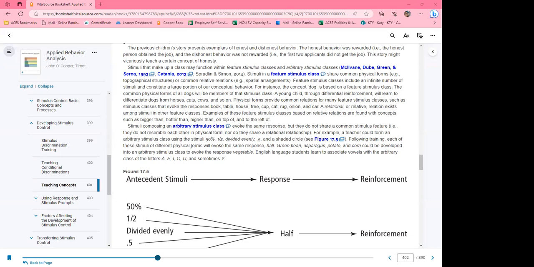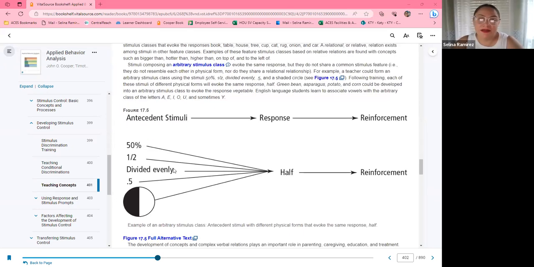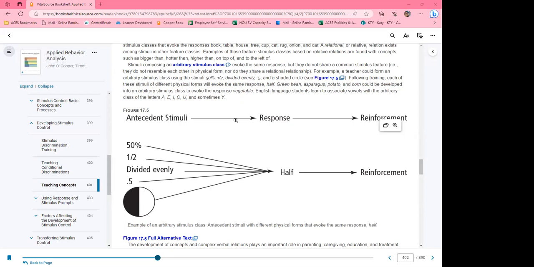Okay. What about arbitrary stimulus class? This is the one where they do not resemble each other, but they evoke the same response. I guess type of vehicle would be arbitrary, right?